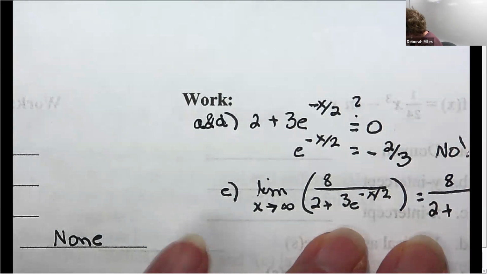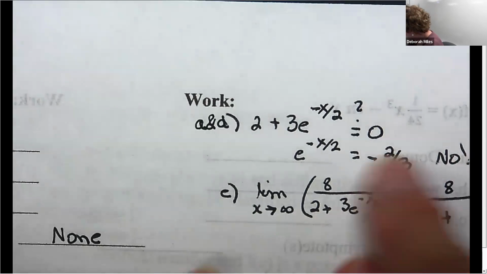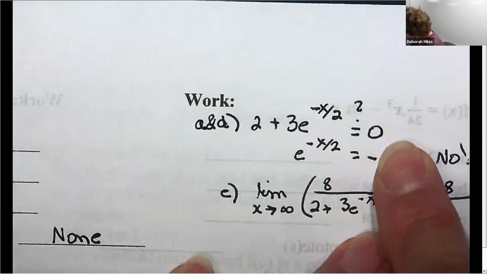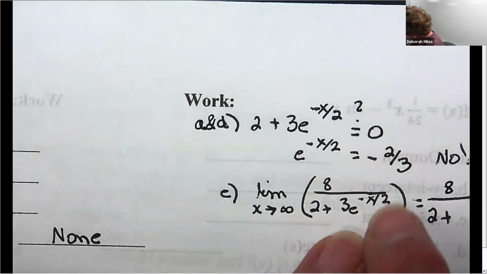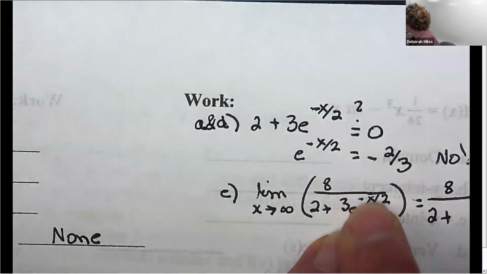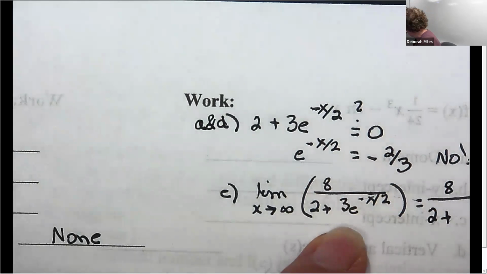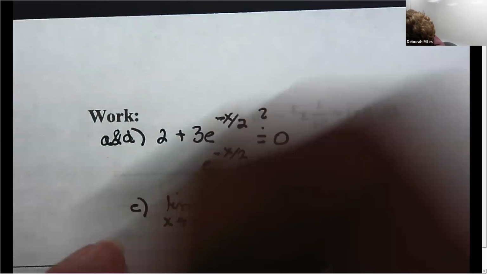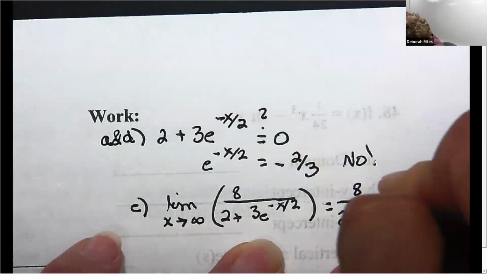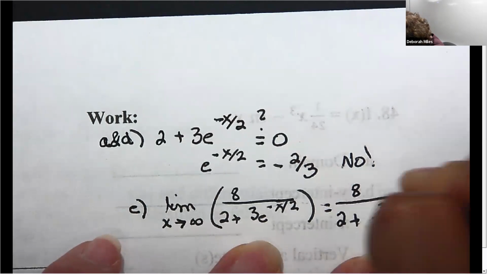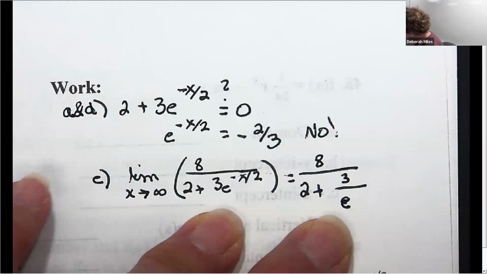No, because that would be moving part of a term upstairs. I can't just bring the e to the negative x over 2 to the numerator to make the exponent positive, unless you can factor out e to the negative. And we can't factor that out, but we can write this as 3 over e to the positive infinity over 2.